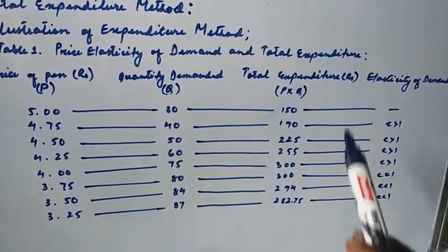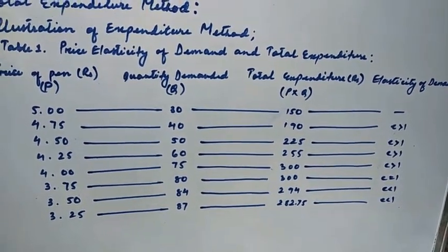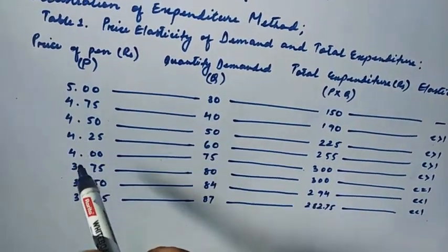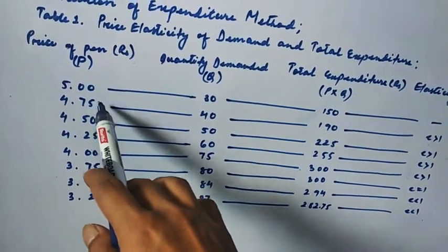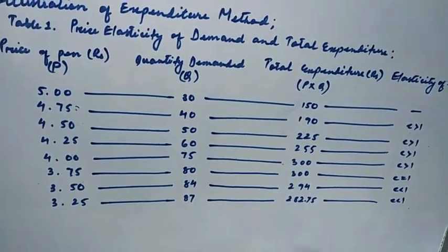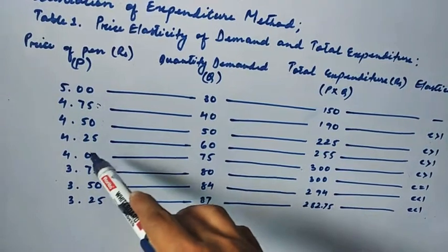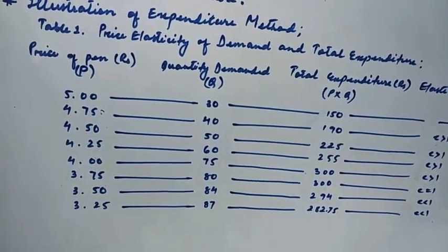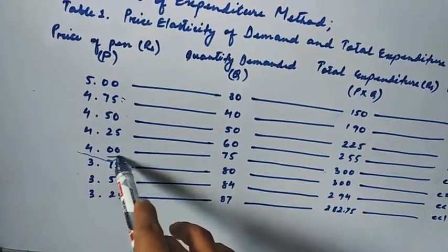It is observed in this table that when the price of the pen falls from 5 rupees to 4.75, 4.50, 4.25, and 4 rupees, what do we see?